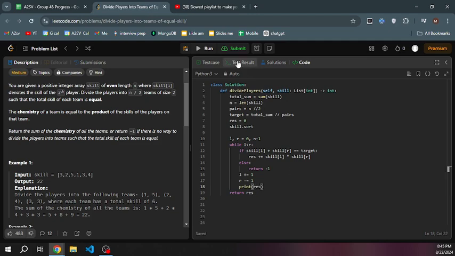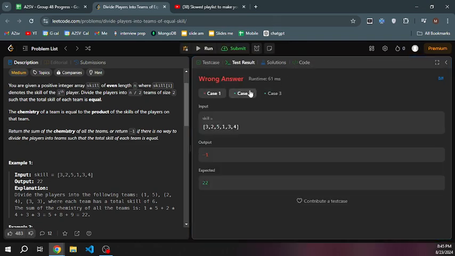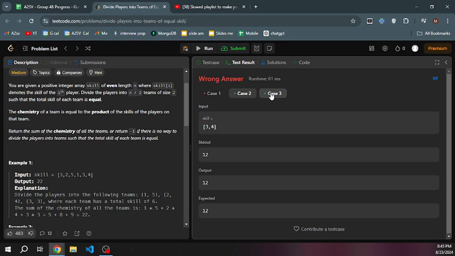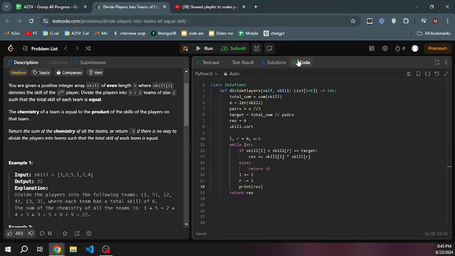Oh, the sort function is not working. That's why.